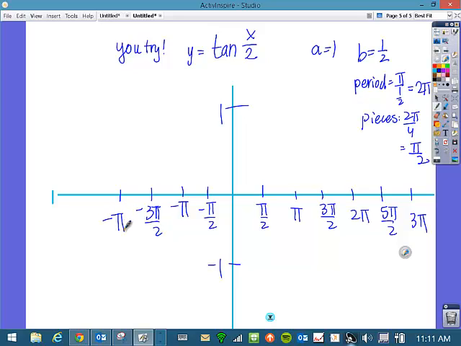Okay, remember tangent, if you're not shifting left or right, your asymptotes split the middle and have 2 chunks to the left, 2 chunks to the right. So you're going to have an asymptote at -pi and an asymptote at pi. This is positive, so you're going to start at the top. Oh, I'm sorry, that's cotangent. It's positive, so you're going to start at the bottom, go to the middle, go to the top. So tangent, you point up to the right.